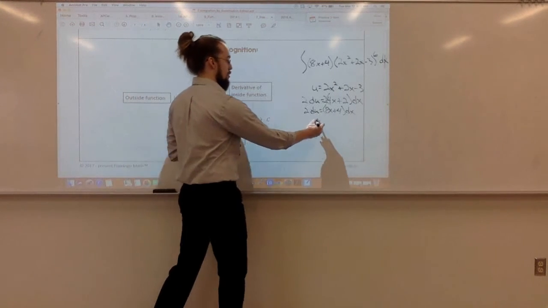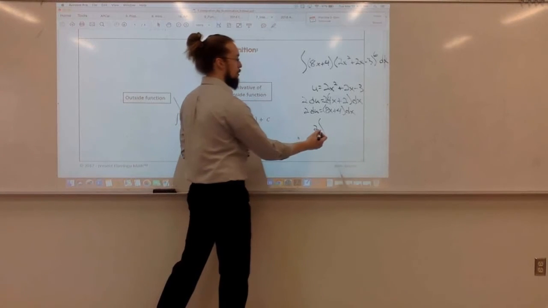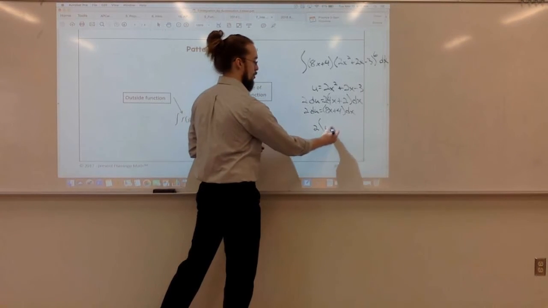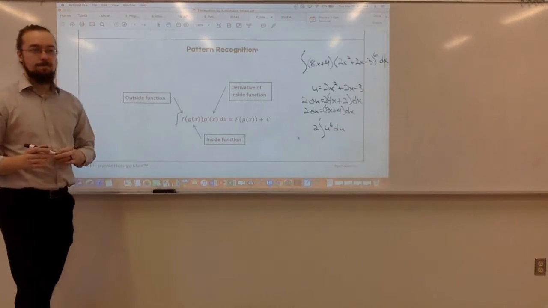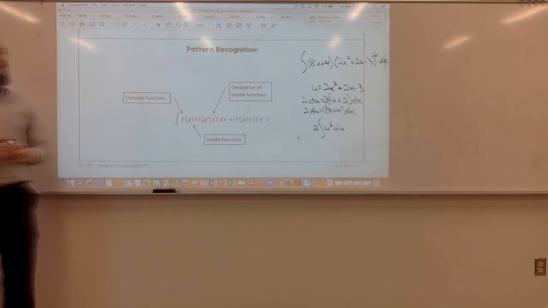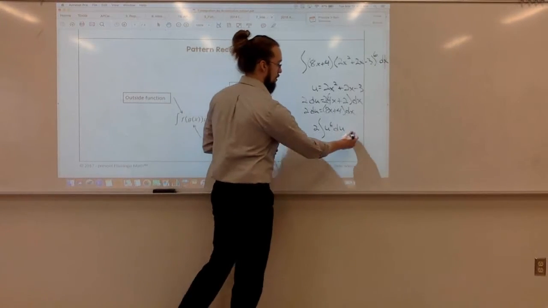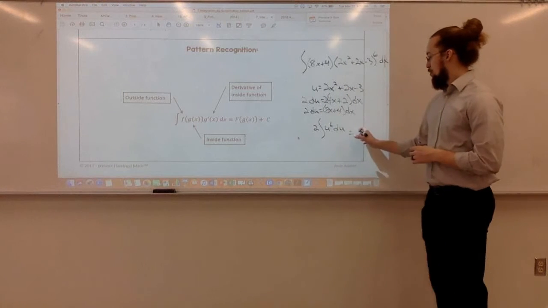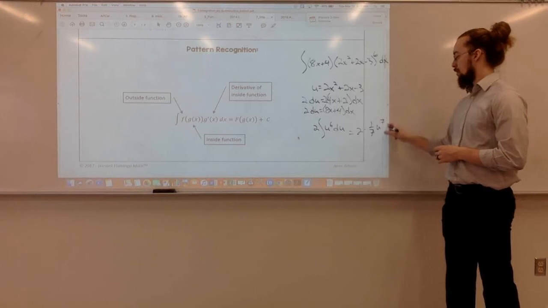Then I can do my u substitution. I can pull that 2 out front, and I would just end up with 2 u to the 6th du. Then get 2 times 1/7 u to the 7th plus c.